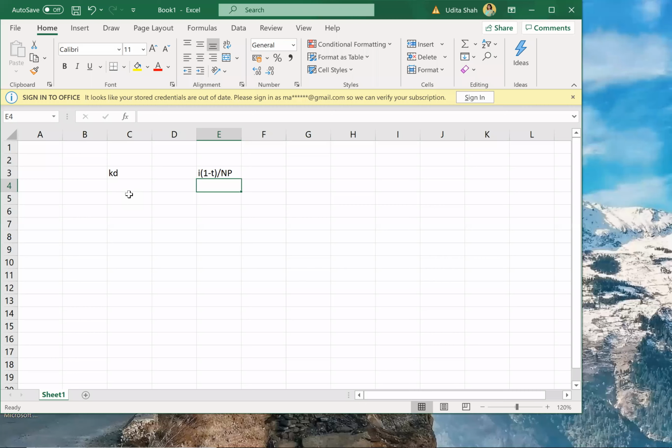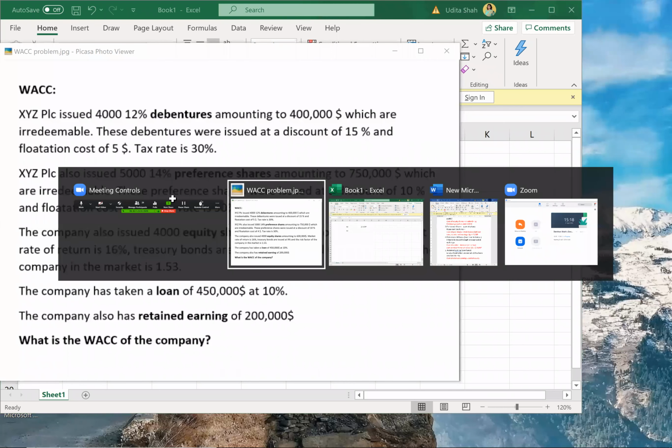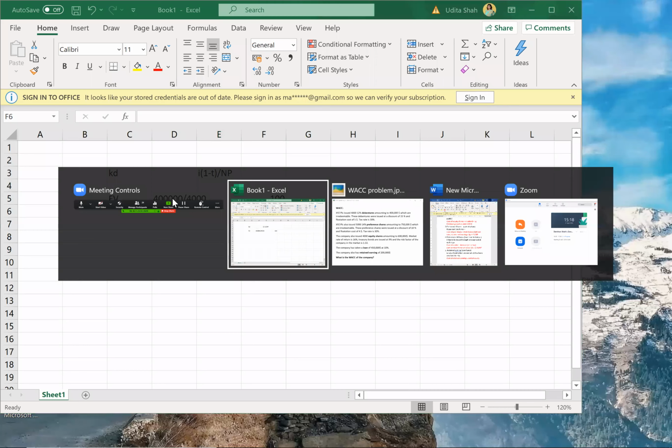So for that, first I'll need face value. What is my face value? 4,000 debentures amounting to 400,000. So face value will be 400,000 divided by 4,000. So that will be 100. Face value is 100.